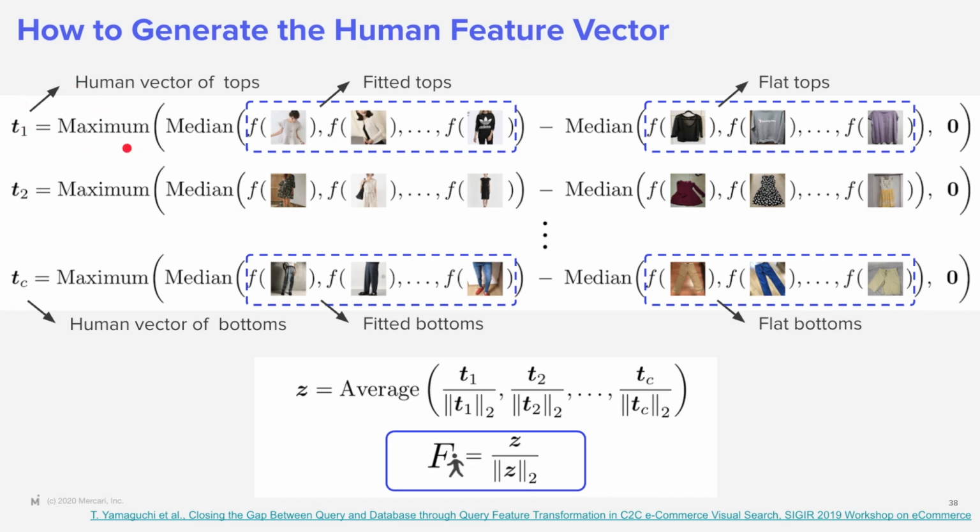The vector is calculated by subtracting a median vector of flat tops from our median vector of fitted tops. The TC represents a human vector of bottoms. The average vector of these difference vectors is their human vector.